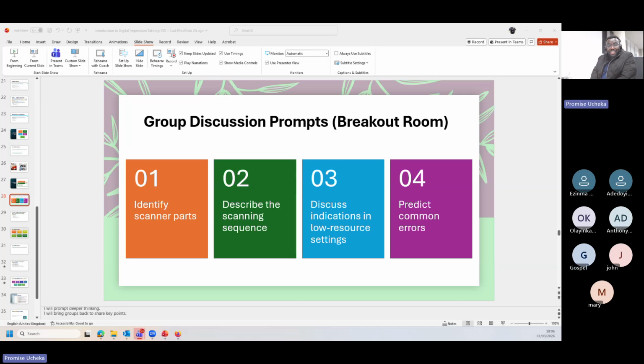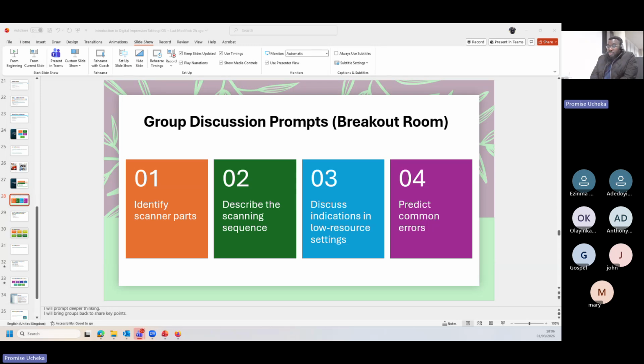Okay, so thank you all of you for that very engaging conversation. I've been to all the 3 rooms and can tell you that I'm quite impressed with the conversation going on in those individual rooms where you are. And you have all talked extensively around identification of the scanner parts and description of the sequence of capturing the dental anatomy for your digital scans.